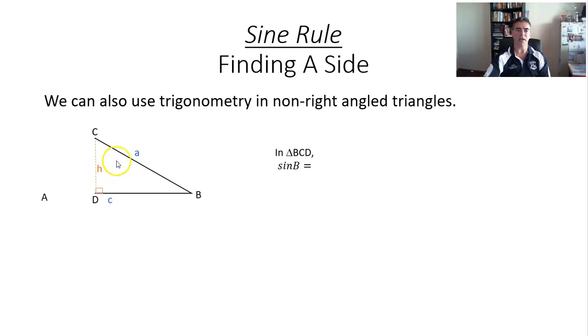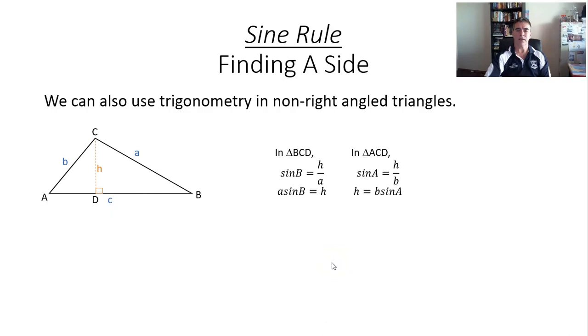So our opposite is h and our hypotenuse is a. So let's substitute those in. There we go. So sine beta is our opposite over hypotenuse. And again, we don't want these fractions in the denominator, so let's multiply both sides by a to get rid of that. And we get a sine beta equals h.